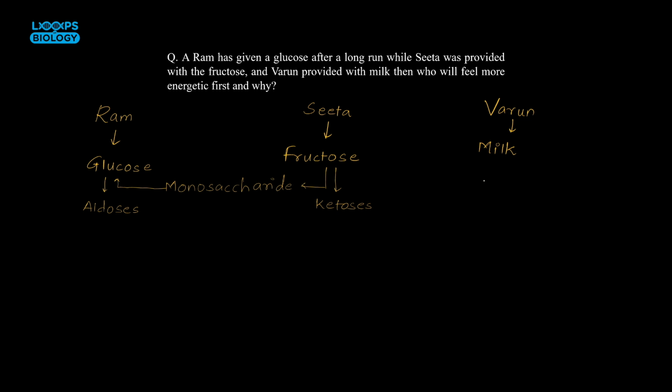Why not milk? Milk contains lactose, and lactose is a disaccharide. Whenever a disaccharide is provided to an individual after a long run, it has to be broken down into monosaccharides for easy absorption of the molecule into the blood.